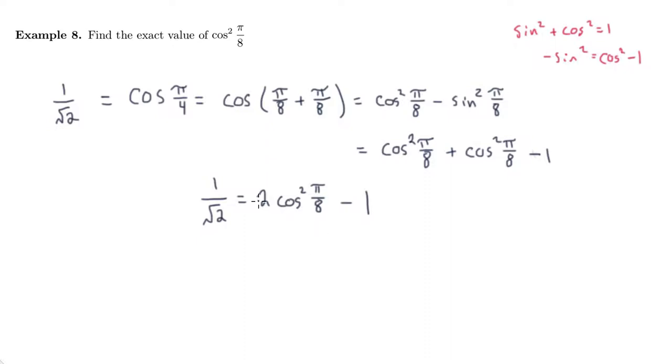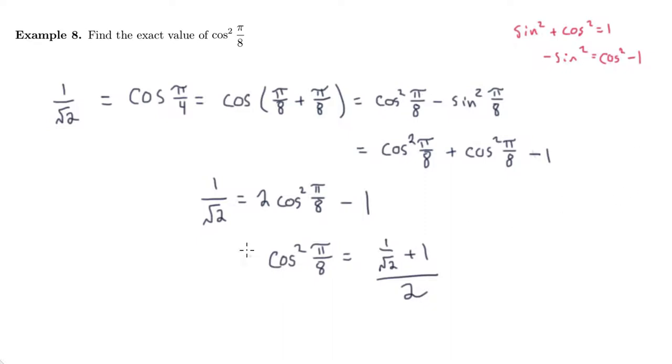And then I can just solve for cosine squared pi over 8. So I can add 1 and then divide by 2. So I have 1 over square root of 2 plus 1, all divided by 2. So this is the answer.